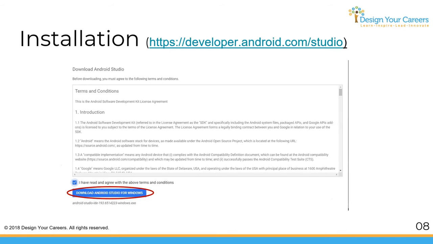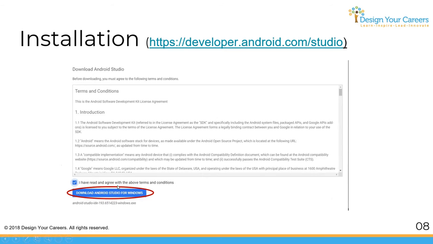So now we go on to the installation of the Android Studio. You have to go to this link, which is developer.android.com/studio. And once you go there, it's a very simple process. Once you click on that, you get a screen something like this.